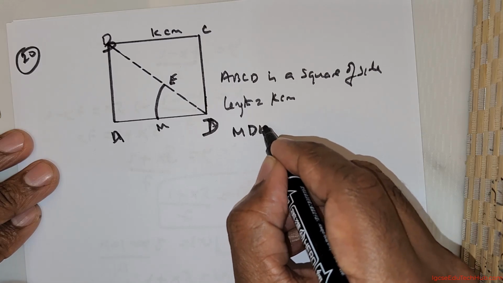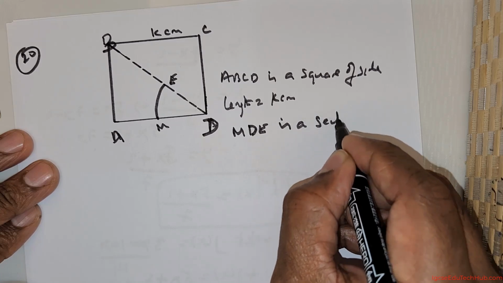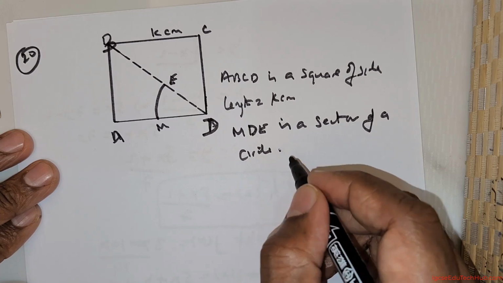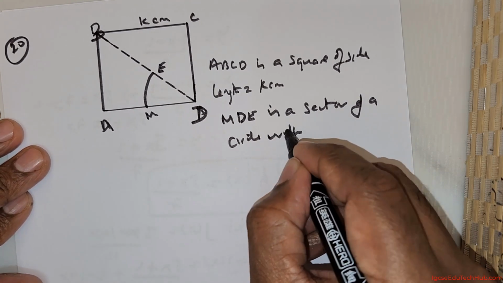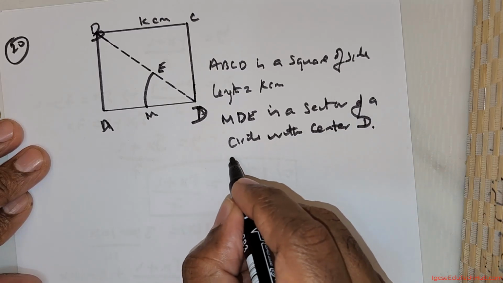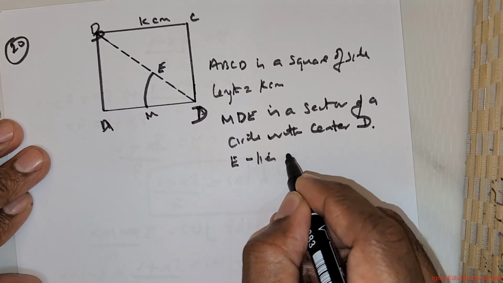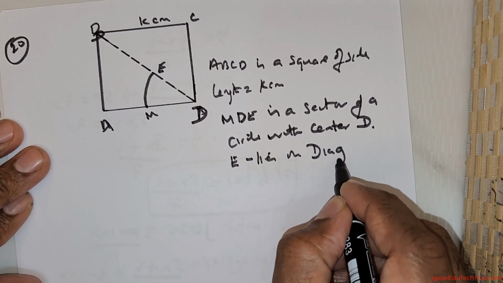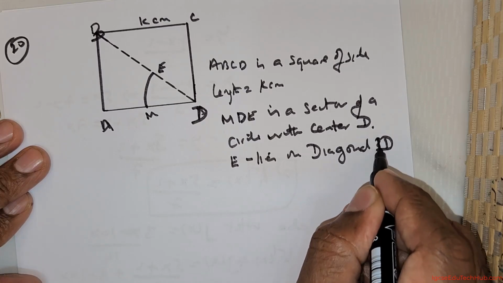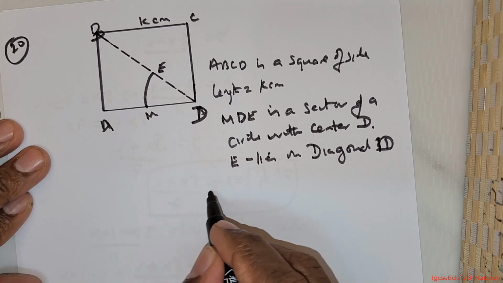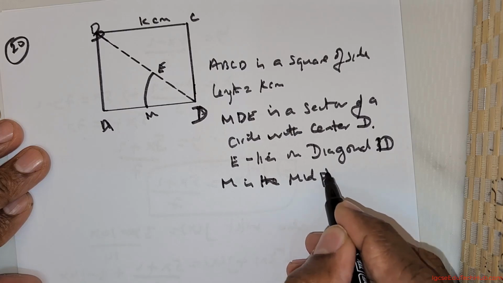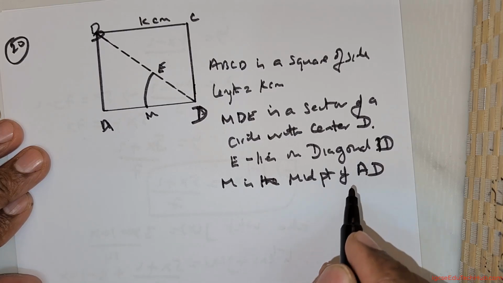MDE is a sector of a circle with center D. E lies on diagonal BD. M is the midpoint of AD.